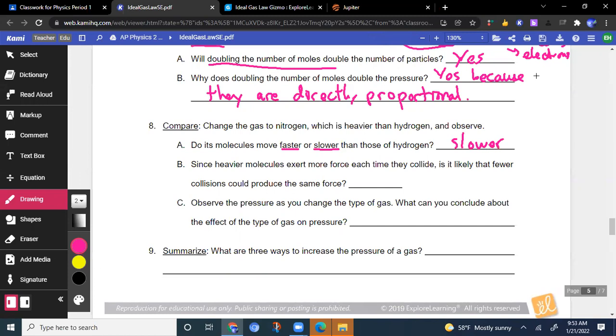Since heavier molecules exert more force each time they collide, is it likely that fewer molecules could produce the same force? Yes.